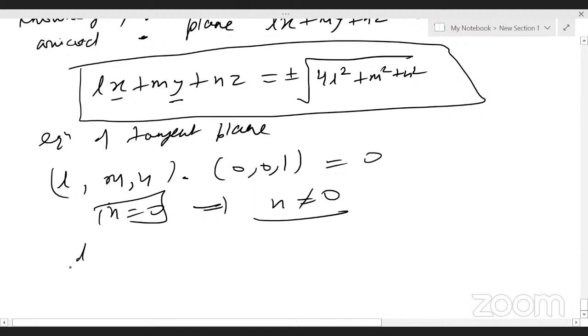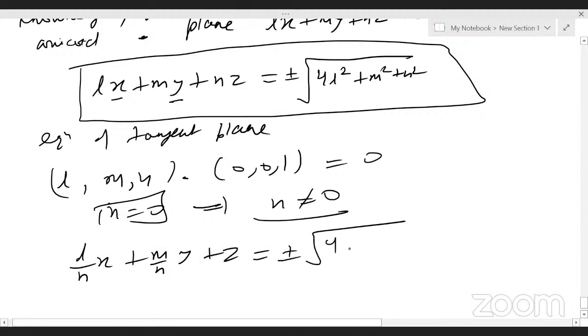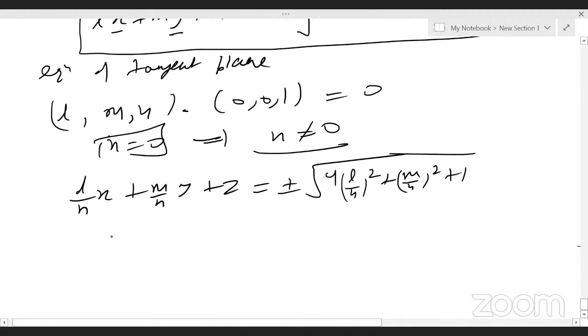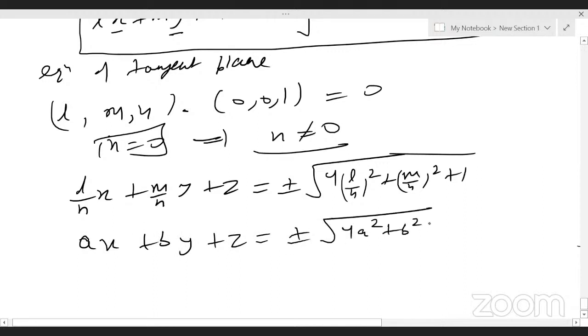So you will get (l by n)x plus (m by n)y plus z is equal to plus minus under root 4(l by n) square plus (m by n) square plus 1. Now if I take l by n as some constant a and m by n as some constant b, then ax plus by plus z is equal to plus minus under root 4a square plus b square plus 1.